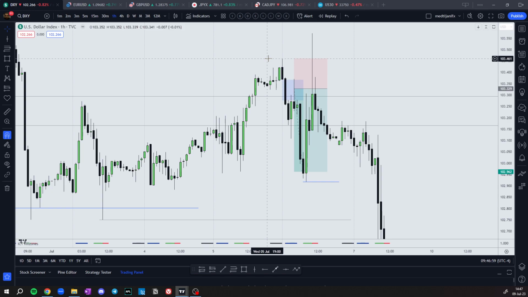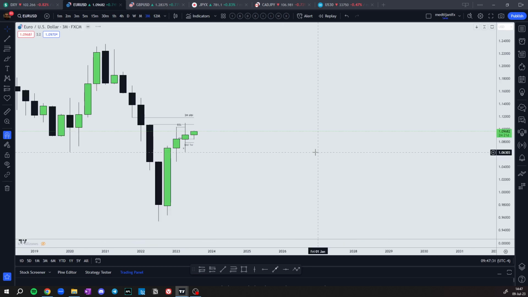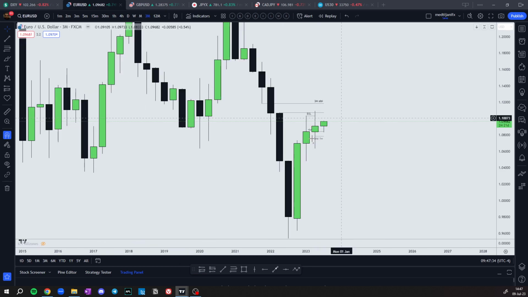For the Euro USD, it is the same. As we see on the quarterly chart, price has mitigated this quarterly order block. We are expecting bullishness to fill this 3-month CB.